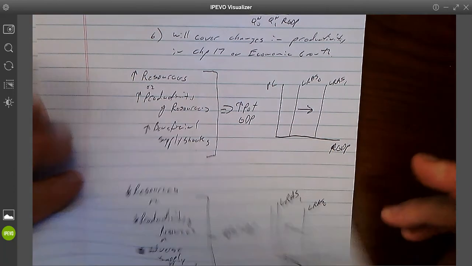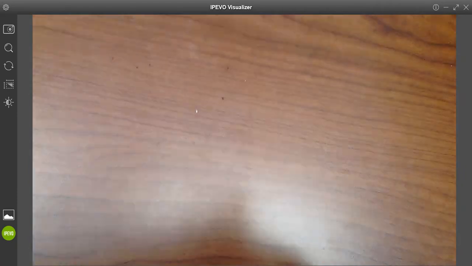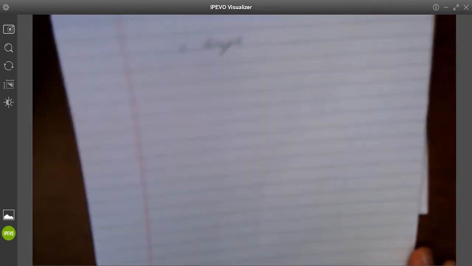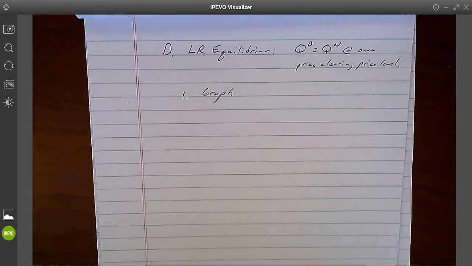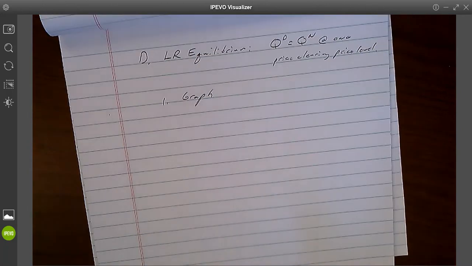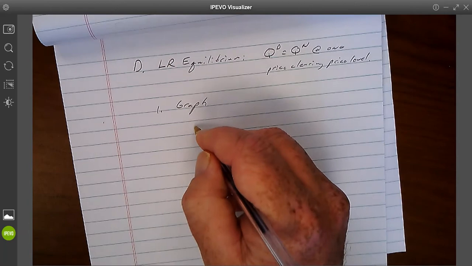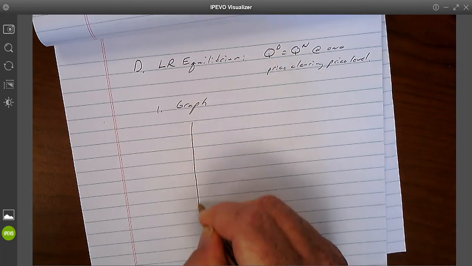All right, one last thing to cover in this chapter, and that is long-run equilibrium. This is going to be our goal. Let's show it graphically.